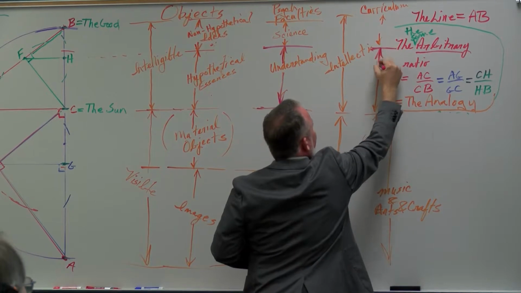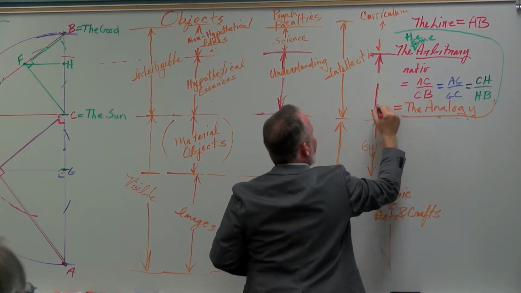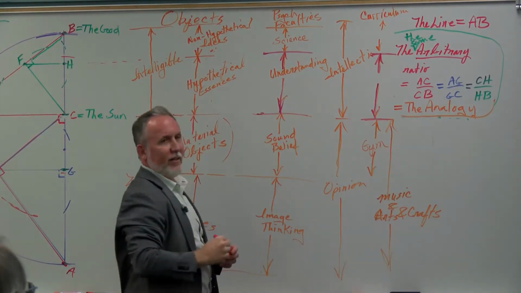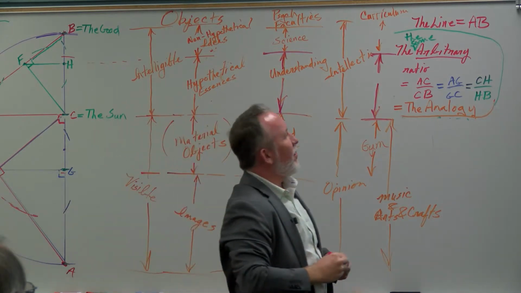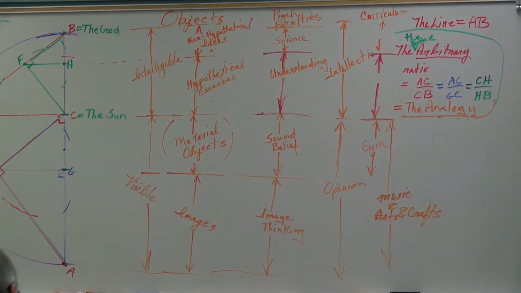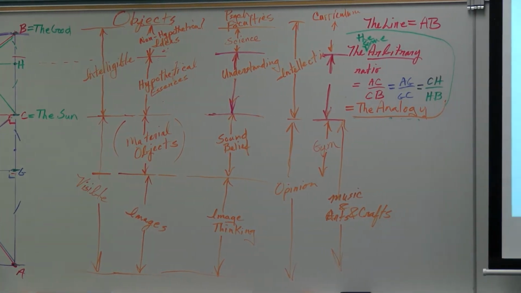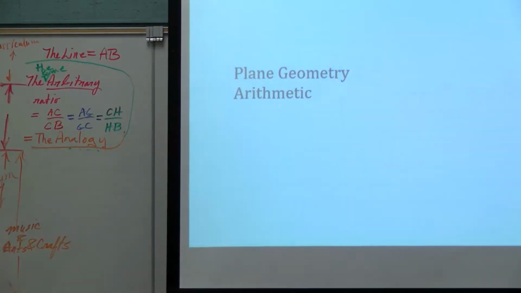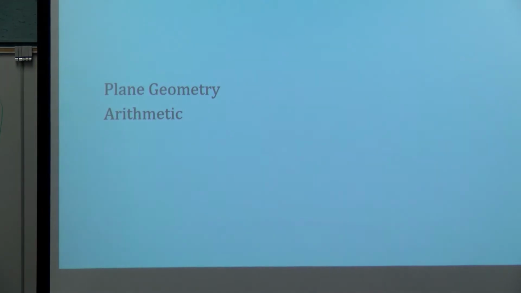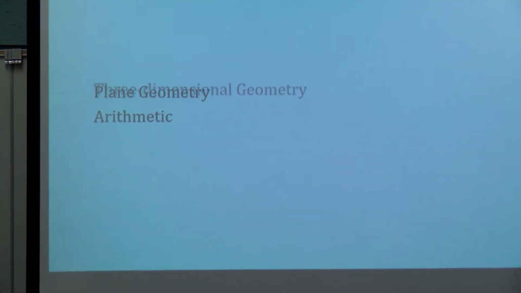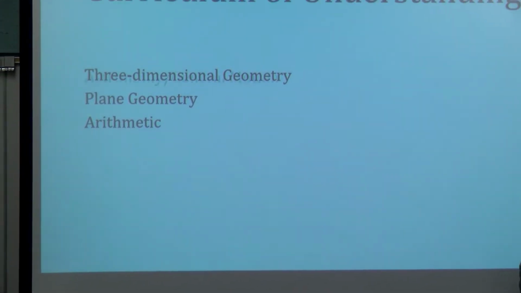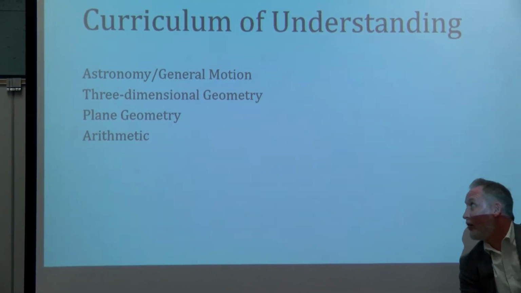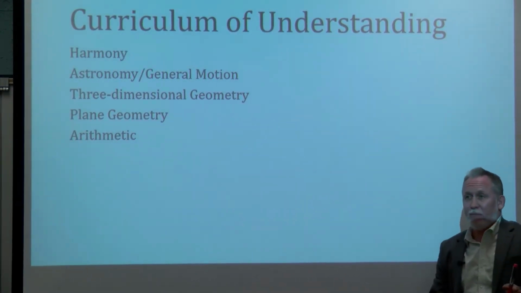and the curriculum for the guardians that falls within this area. Now, this is to get to your question about what we normally think of as science, right? And they go through these sorts of studies: arithmetic, plane geometry, three-dimensional geometry, astronomy, and harmony.